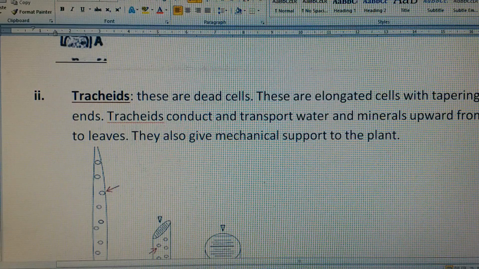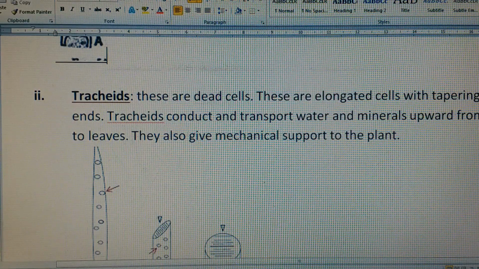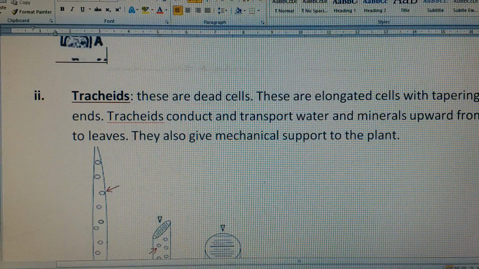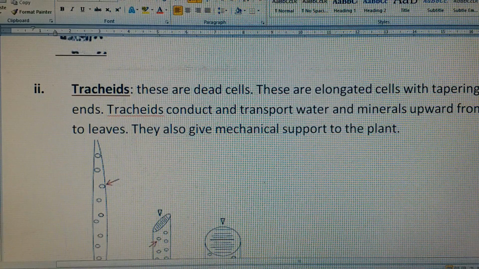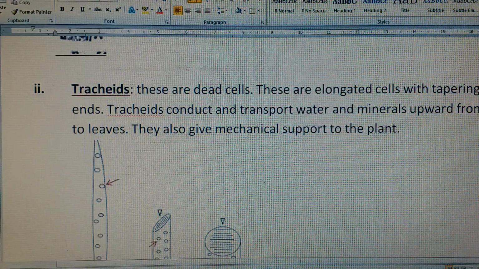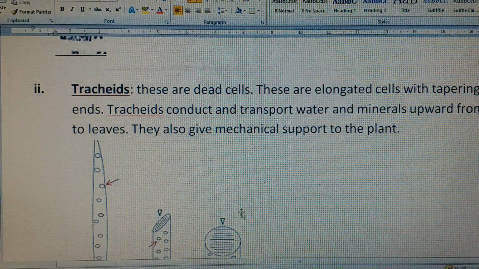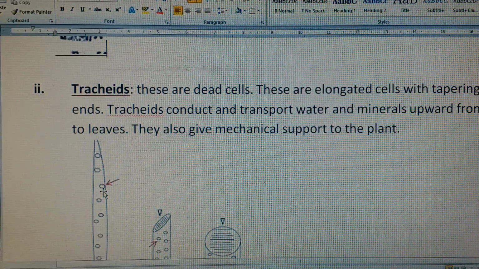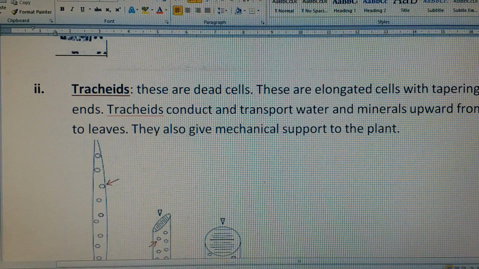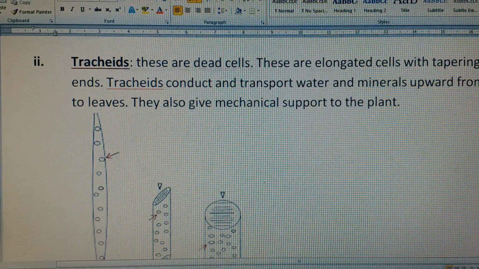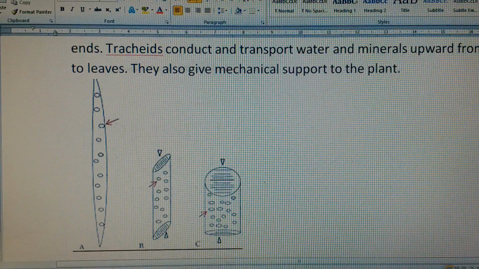These trachea help in transport of the water absorbed by the roots to the leaves. And you can see here in the tracheids, there are a few pores in it. So water moves through these pores, and gradually it moves upward, and water reaches the leaves.